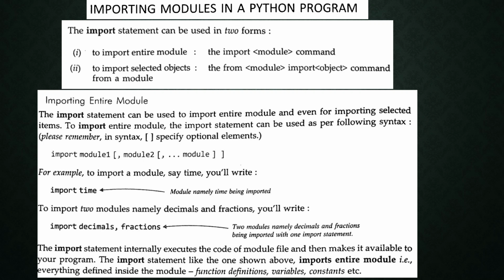The import statement imports the entire module, that is, everything defined inside the module. Function definitions may be there, variables are there, constants are there, so all those things can be accessible. Okay, these are about how to import a particular module.